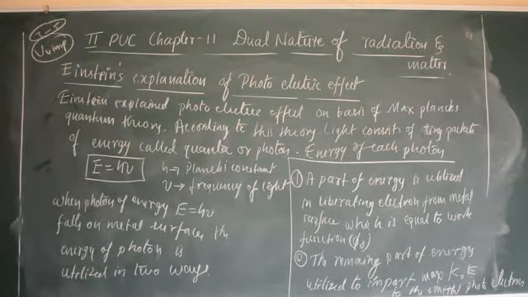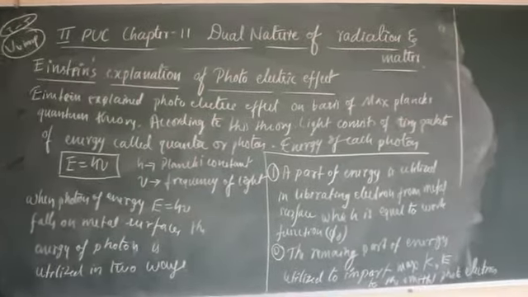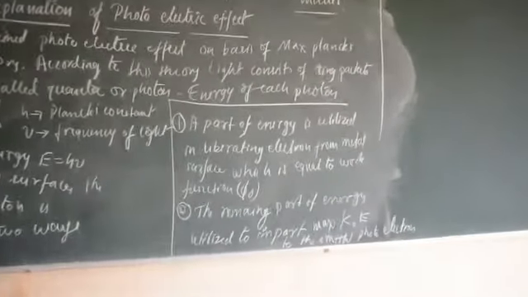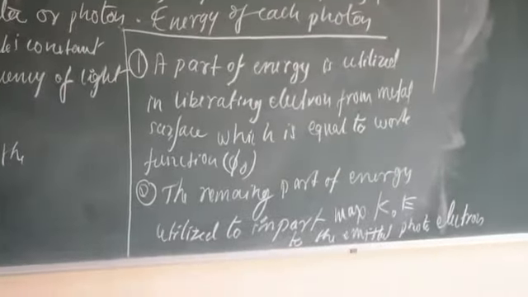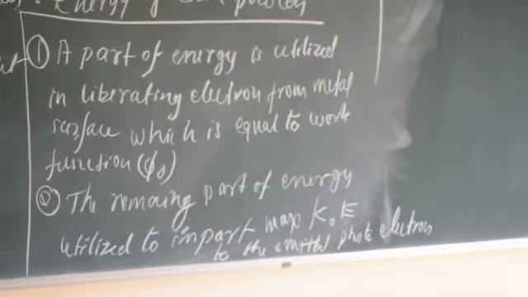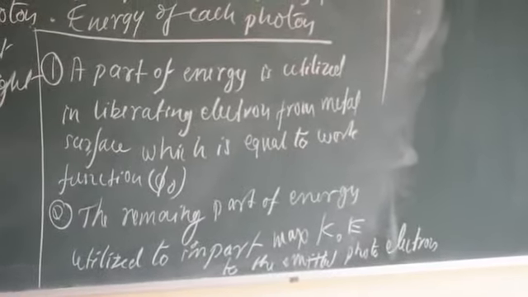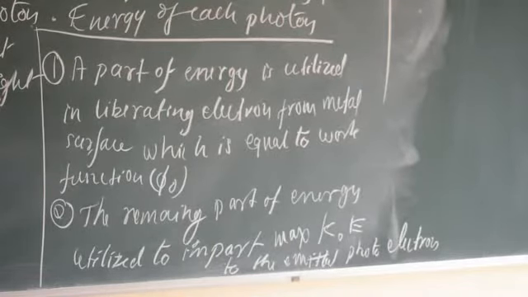So energy is utilized in two different ways, students. Look there, I have written two points. Take down neatly. A part of energy is utilized in liberating the electrons from the metal surface, which is equal to the work function phi naught.